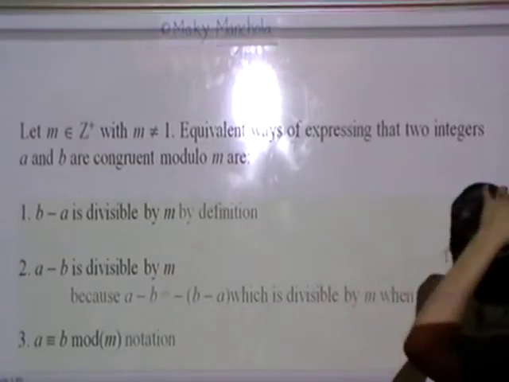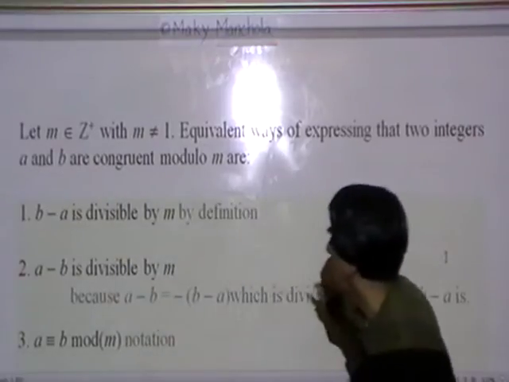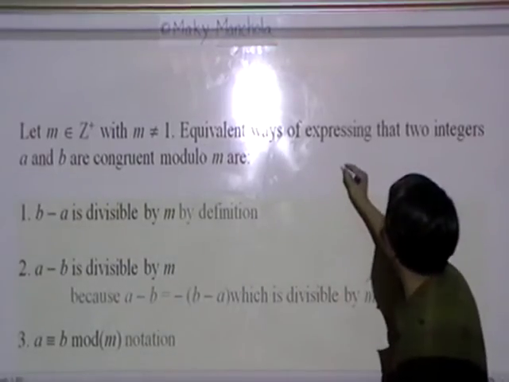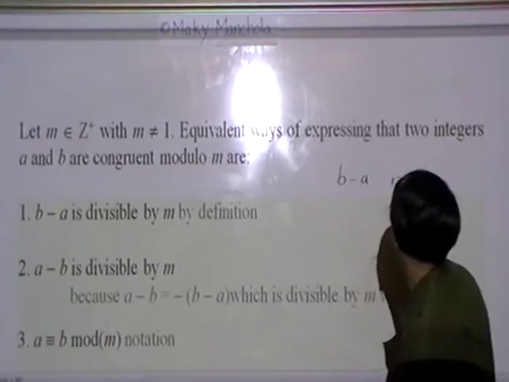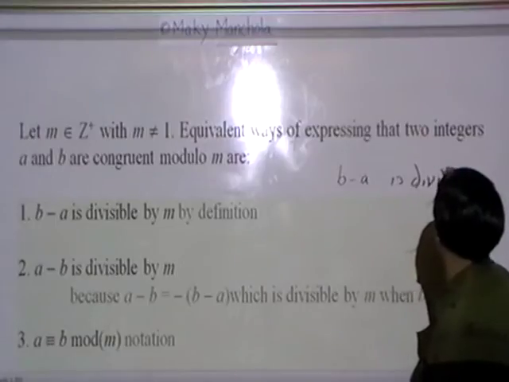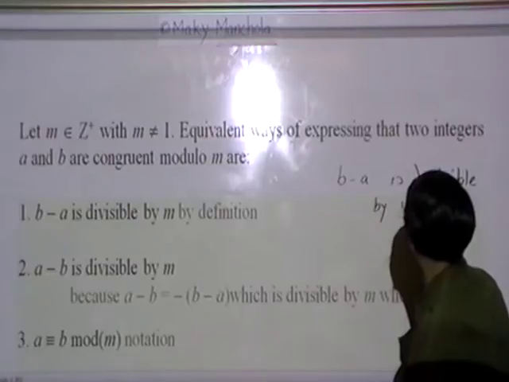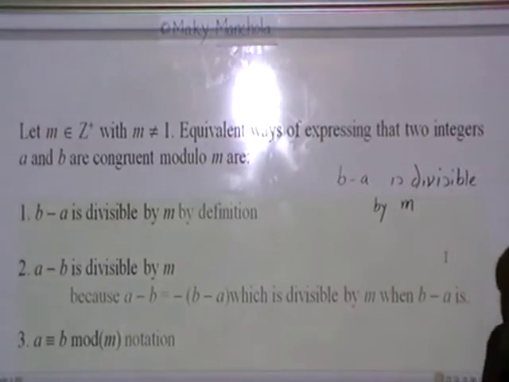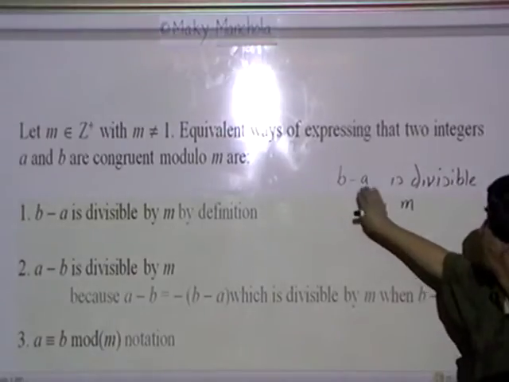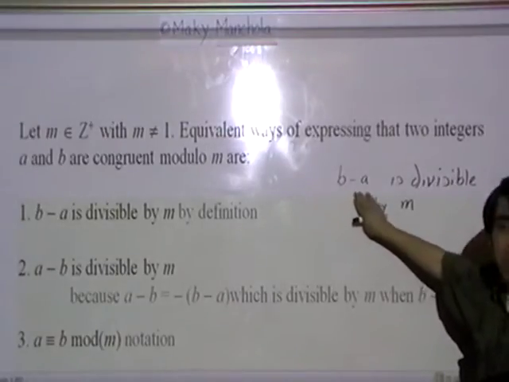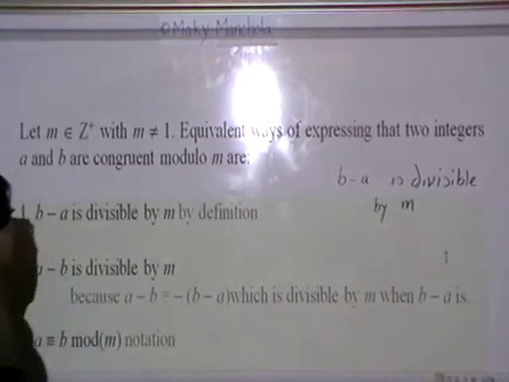Equivalent ways of expressing that two integers a and b are congruent modulo m are: if we state that b minus a is divisible by m, that is equivalent to saying that a and b are congruent modulo m. Why? That's precisely the definition of a and b being congruent modulo m.